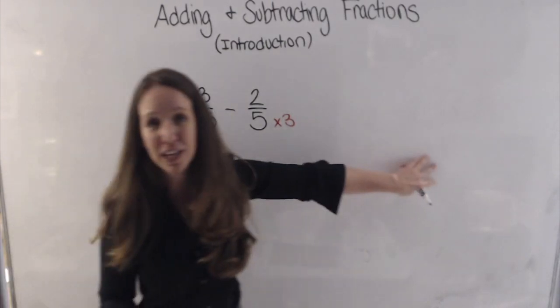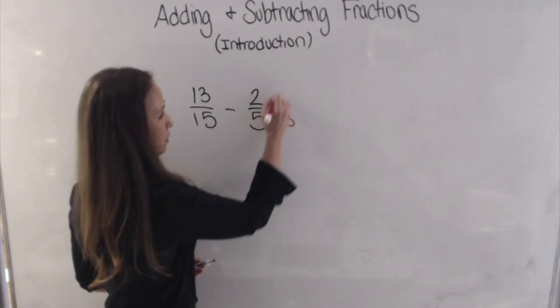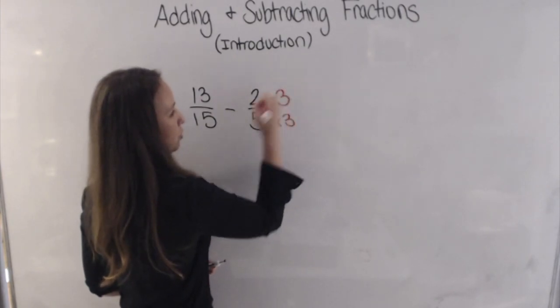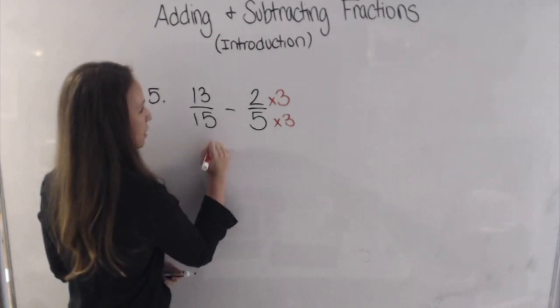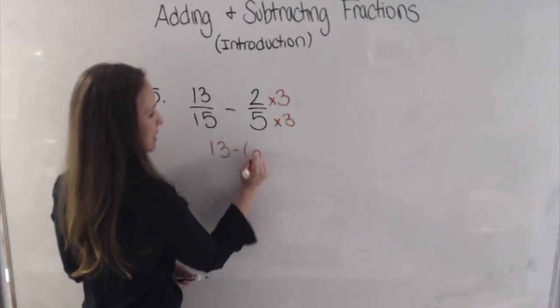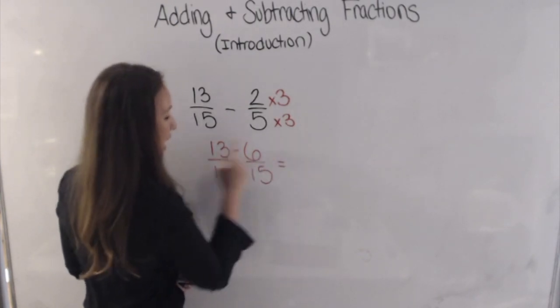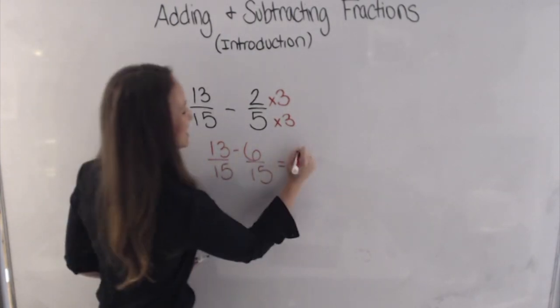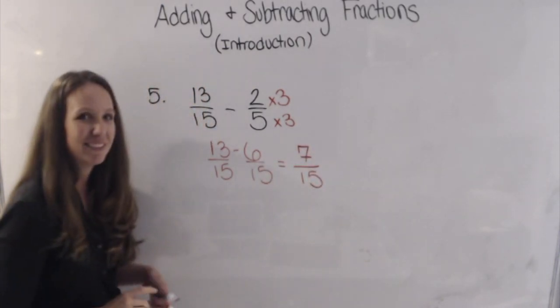You don't have to show the other step on the side if you can turn it into the other denominator. So, whatever we do to the denominator, we do to the numerator. And now let's rewrite this. 13 minus 6 over 15, and 13 minus 6 is 7 over 15.